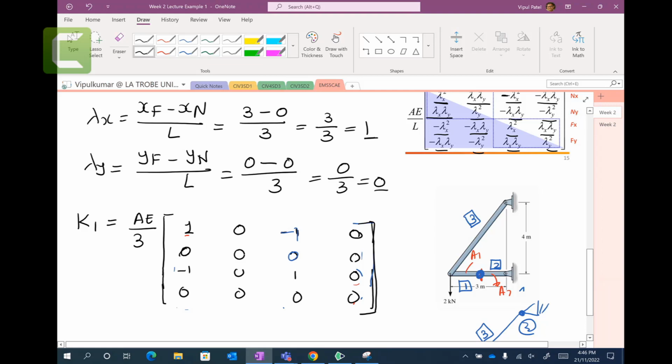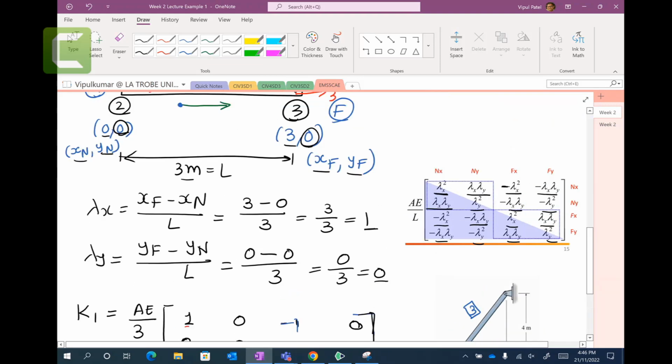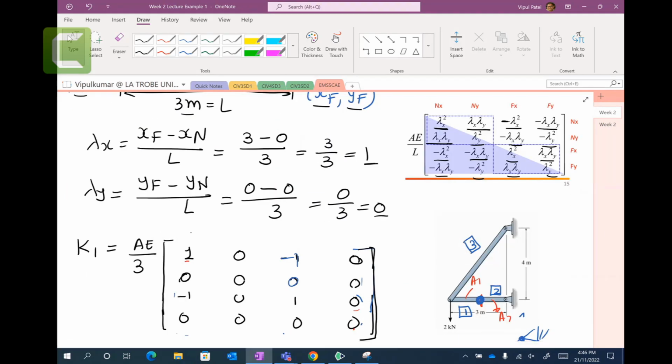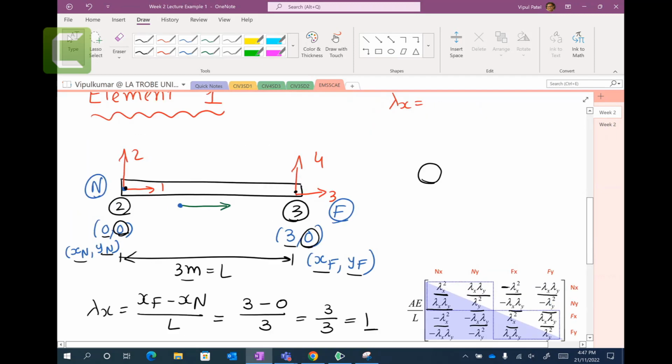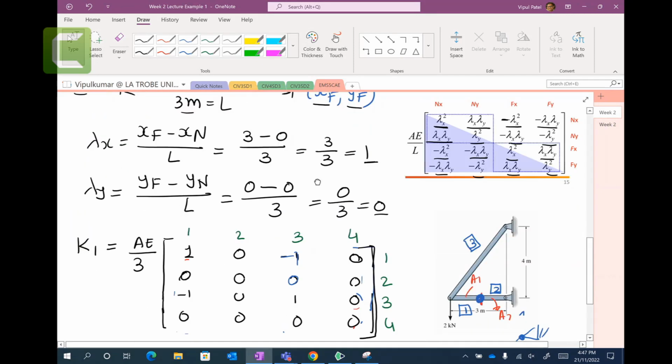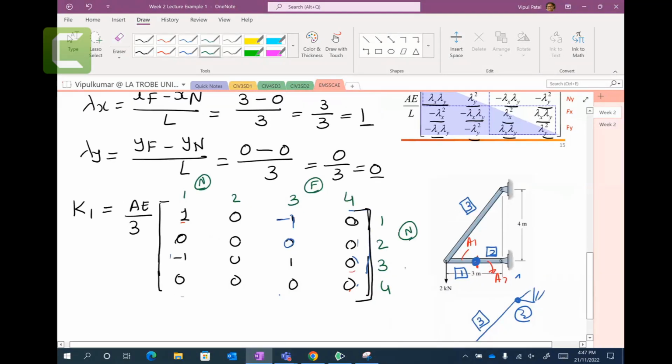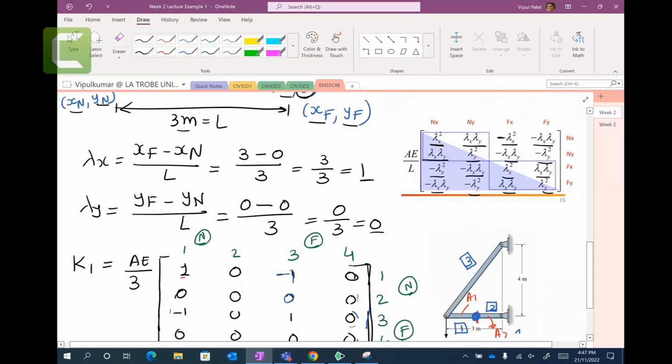It's very simple. Another thing I want to put is that you always put your x, y, x, y. What is x, y, x, y? First, you put the near node, so that is your near node, x, y. This is your far node. Always you put the near node, always you put the far node, and x, y.